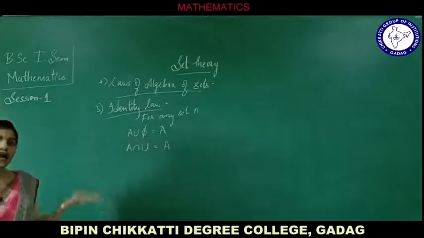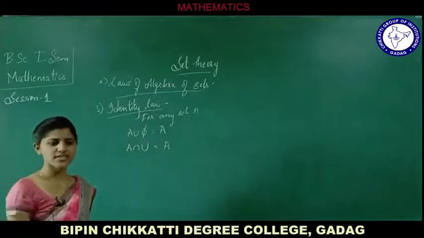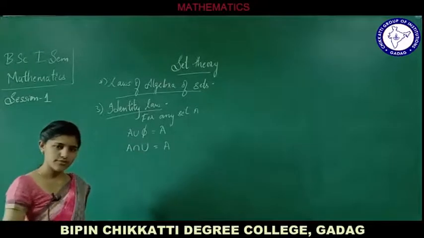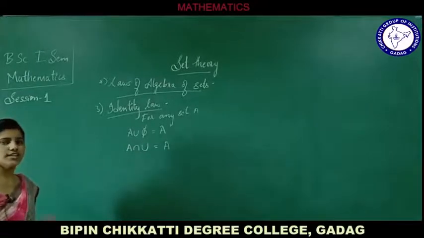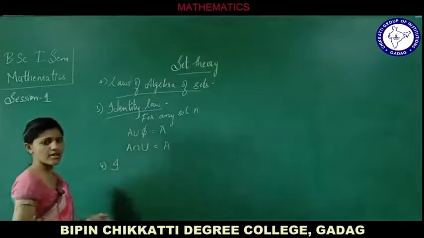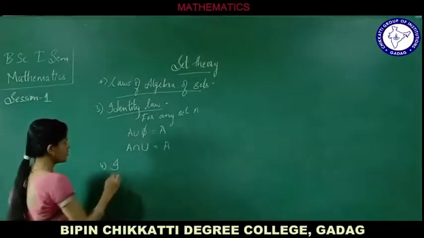What about the idempotent law? It's very simple. For any set A, A intersection A will be equal to A and A union A will be equal to A. It is called the idempotent law.